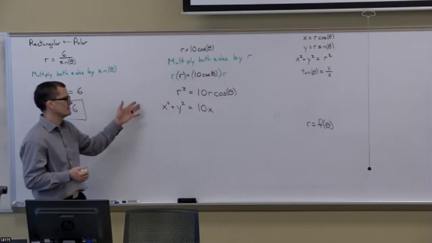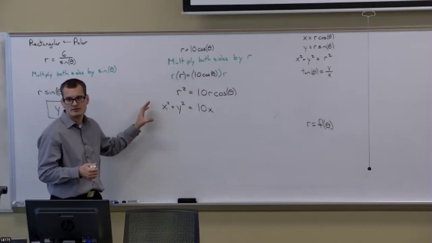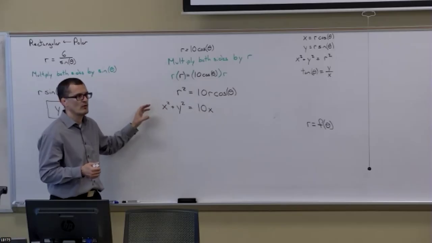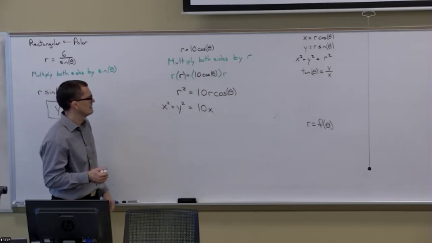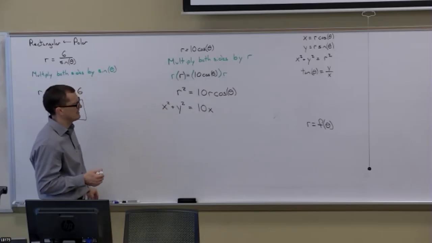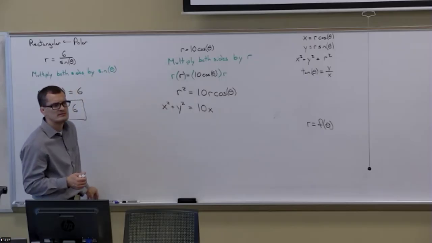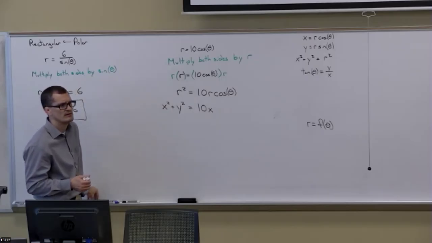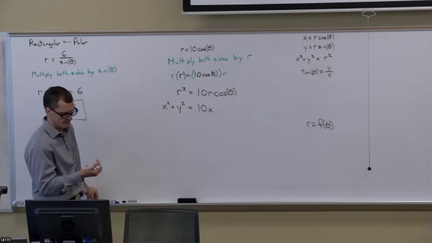By the way, this is going to be a circle if you actually drew it up. It won't be centered at the origin. It'll be centered at, what is it? 5, 0, I think. Yeah, 5, 0. But that's what it is.